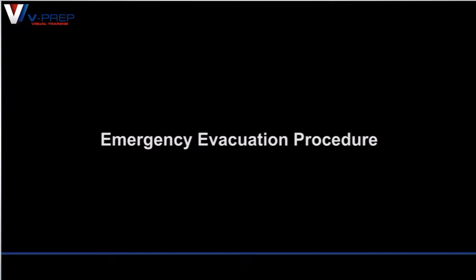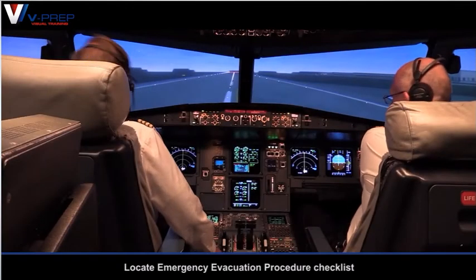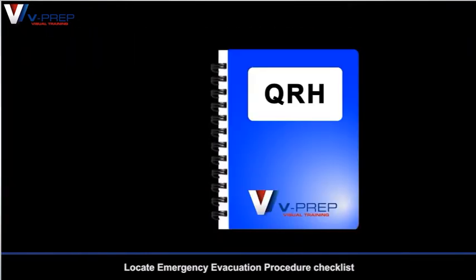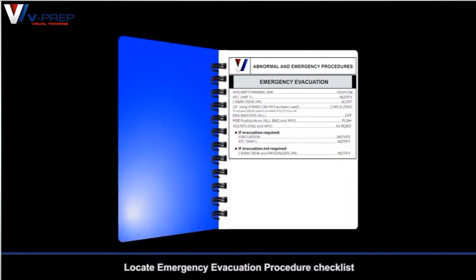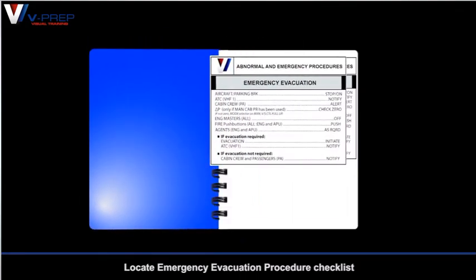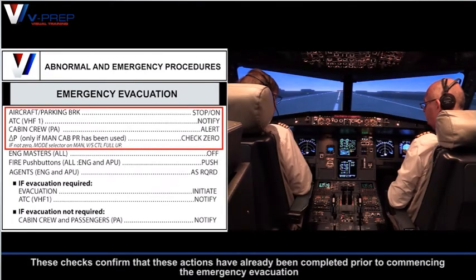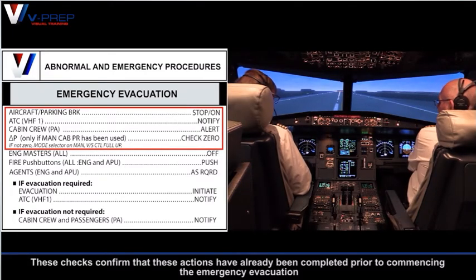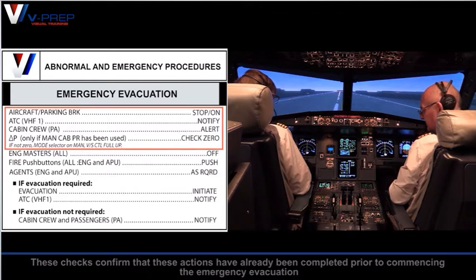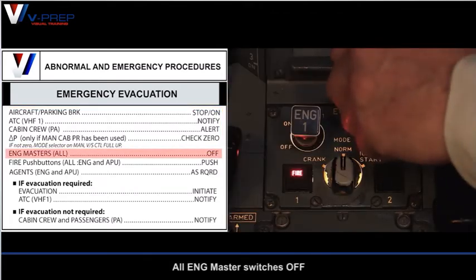Emergency evacuation procedure. Locate emergency evacuation procedure checklist. These checks confirm that these actions have already been completed prior to commencing the emergency evacuation. All engine master switches off.